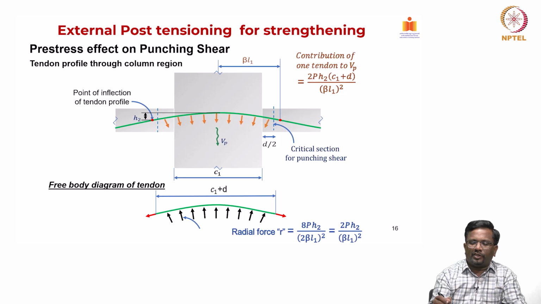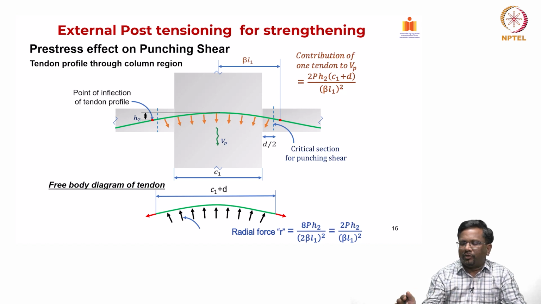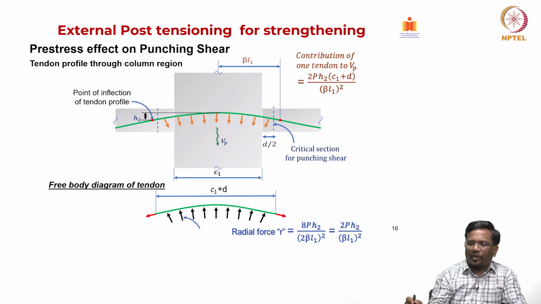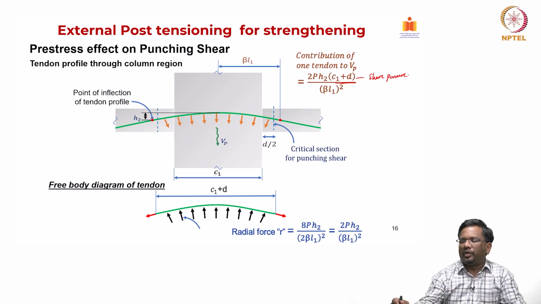Now, for punching shear, whatever cables are crossing within that shear perimeter, that is your force per unit length. I multiply by C1 plus d, this is your shear perimeter, in one direction. So, whatever cables are within that width of C1 plus d are going to help me in the Vp component. So, this is your force per unit length multiplied by C1 plus d, which gives me the total Vp.